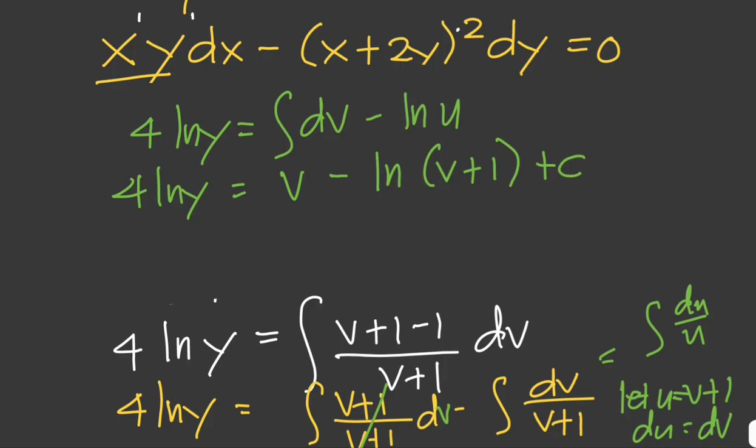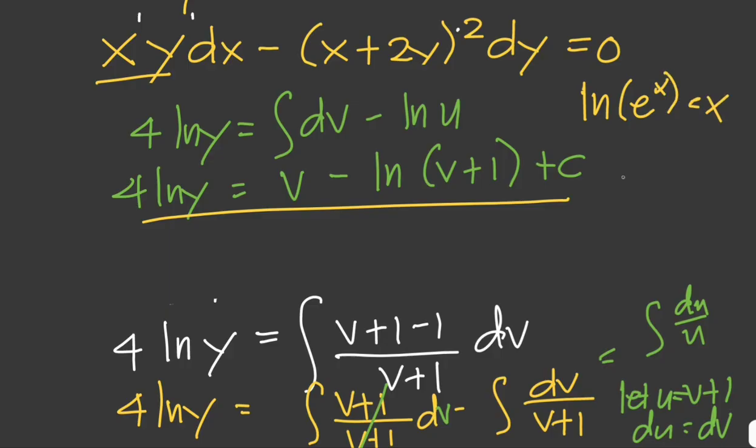And now we can further solve this one. Since this is a natural logarithm, then we can further solve this using the exponential function with base e. And take note that the two are inverse operations, since ln of e to the x is just equal to x, and e to the ln of x is equal to x.